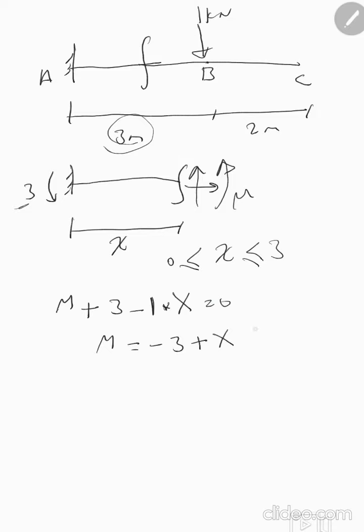Then we assume two values: if X equals 0, and when X equals 3. You can take more, for example X equal 1, X equal 2, X equal 0.79, up to you.